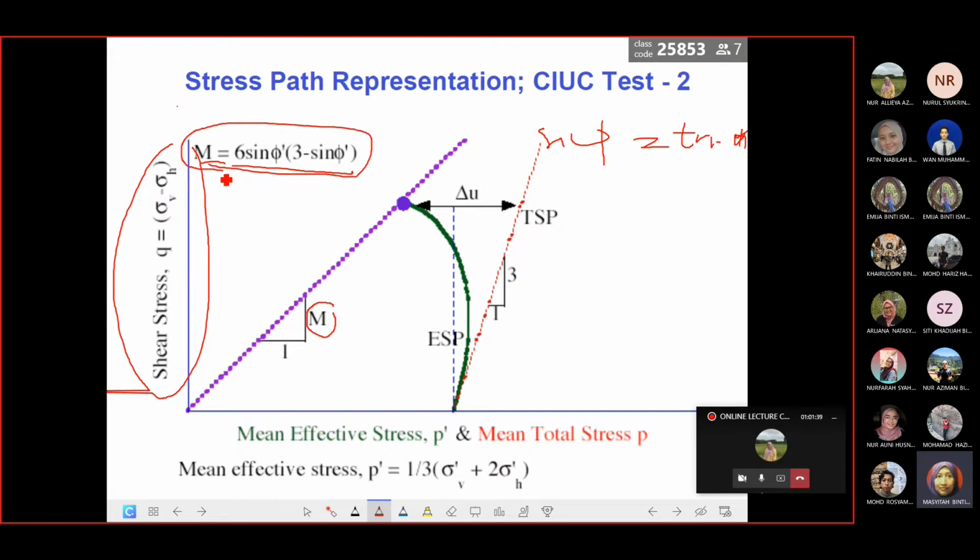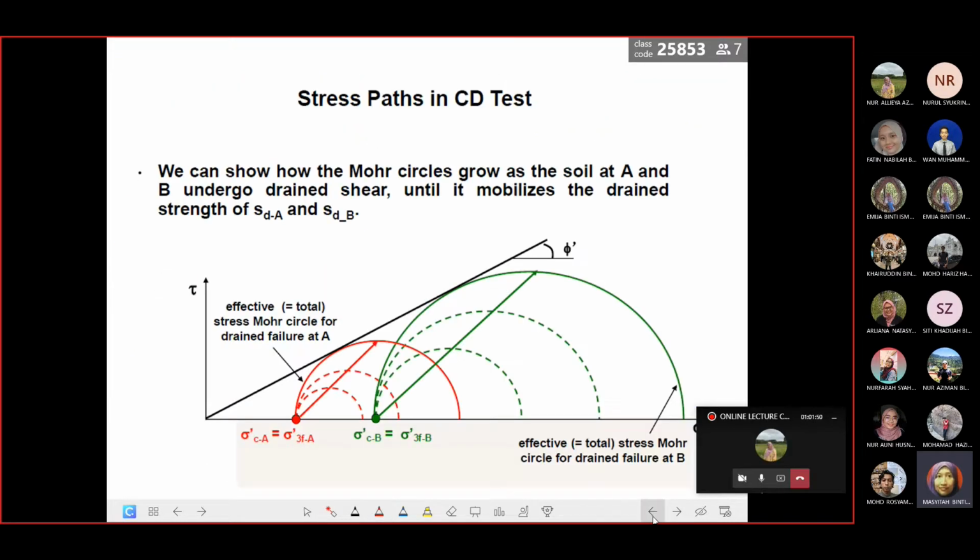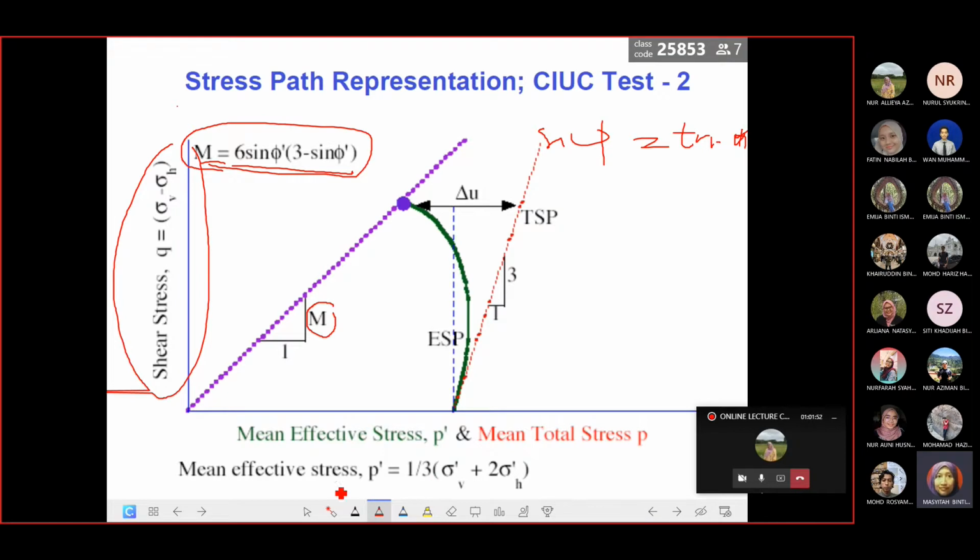Meaning, to know its slope, you substitute 6 sin phi over 3 minus sin phi, so you get the gradient of the failure line, the stress path envelope. In this one, because it is the mean, it is the average of the stress values here: 2 sigma H plus sigma V, over 3. Why 1/3? If we look here, 2 plus 1, then divided by 3.